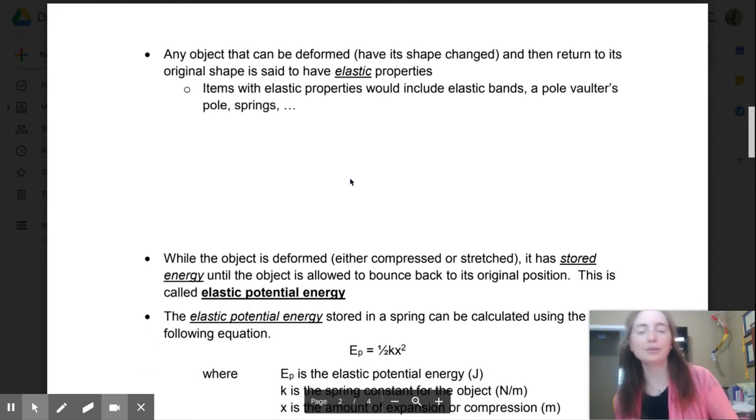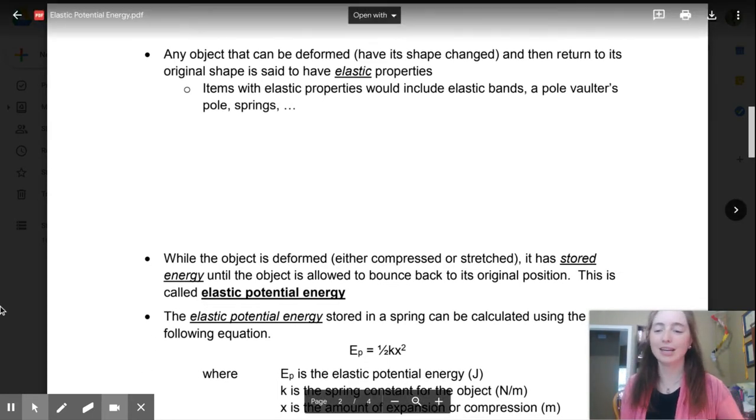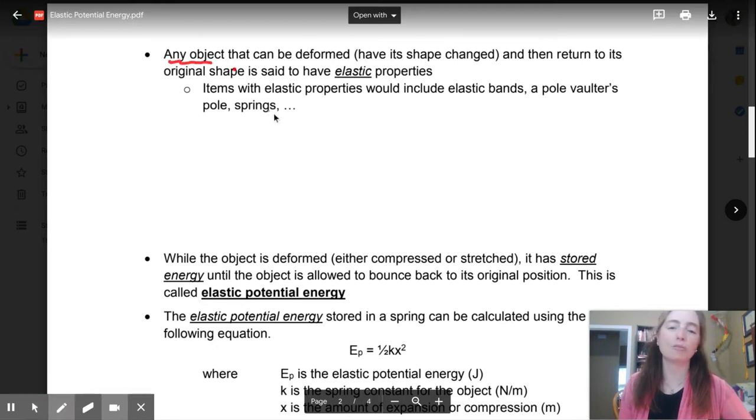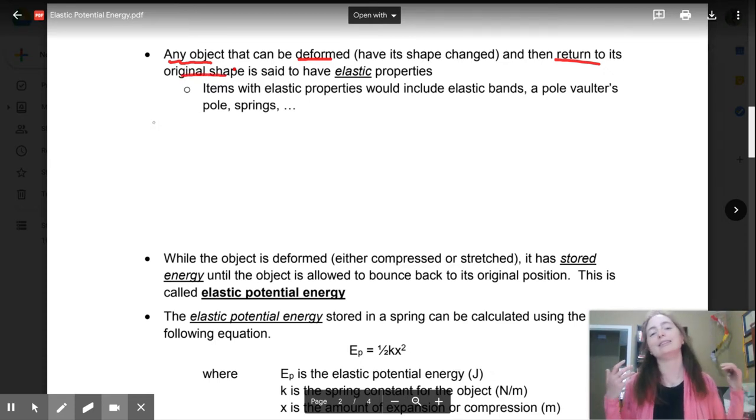All right, so ladies and gentlemen, elastic potential energy. This comes from any object that is deformed, so has its shape changed, and the key thing is it returns to its original shape without being completely destroyed. It is said to have elastic properties.